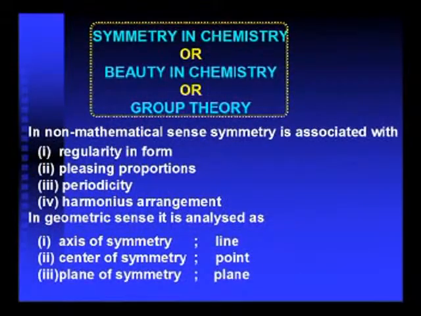This group theory can be viewed in two different ways. One is called the mathematical sense, another is called the non-mathematical sense. In the non-mathematical sense, symmetry is associated with regularity in form, pleasing proportion, periodicity, harmonious arrangements.